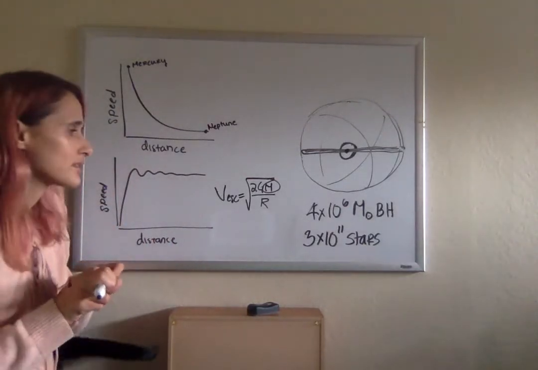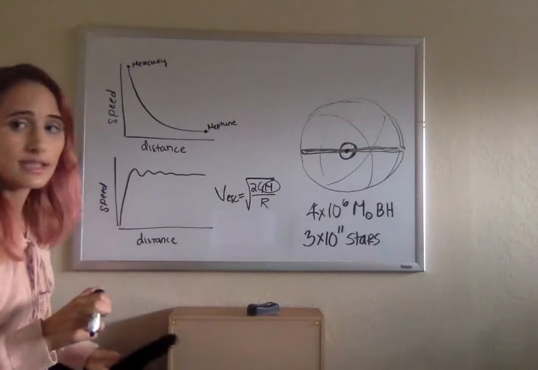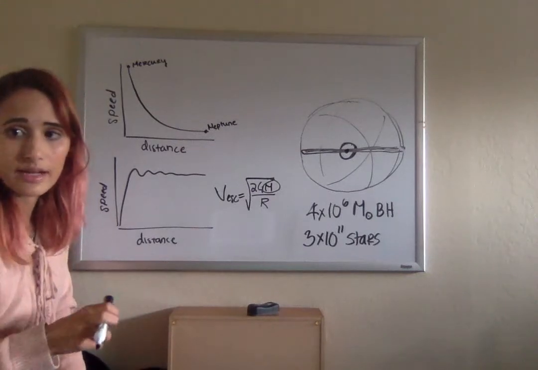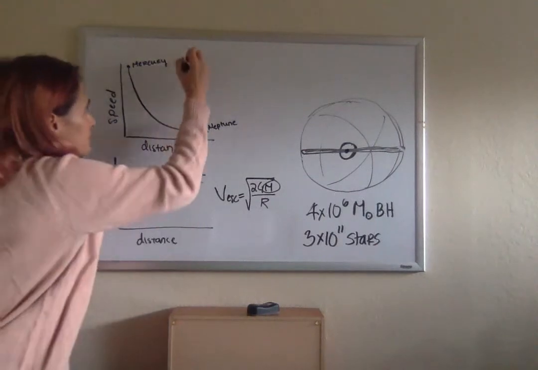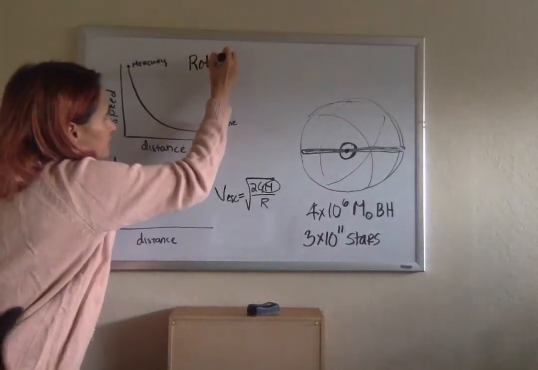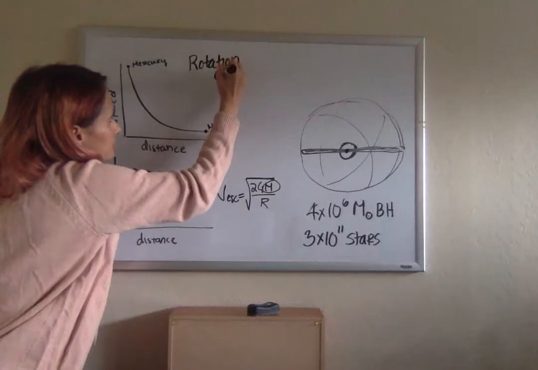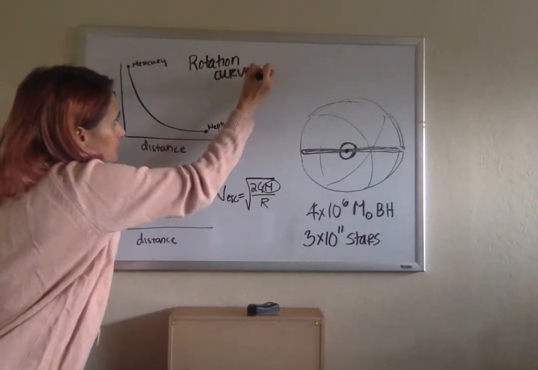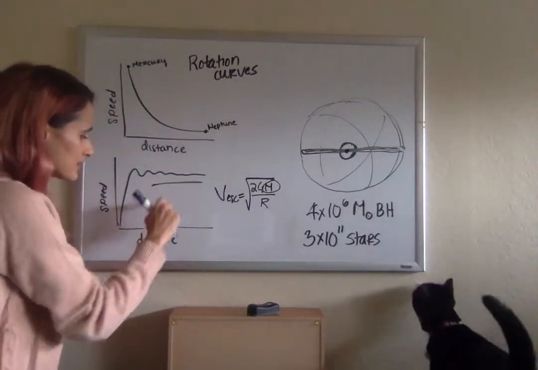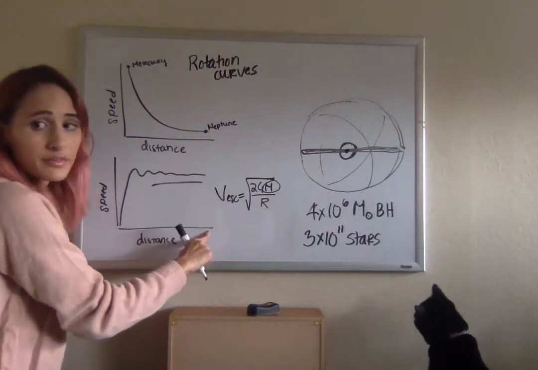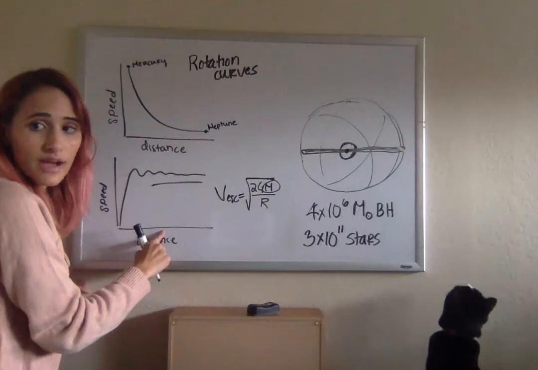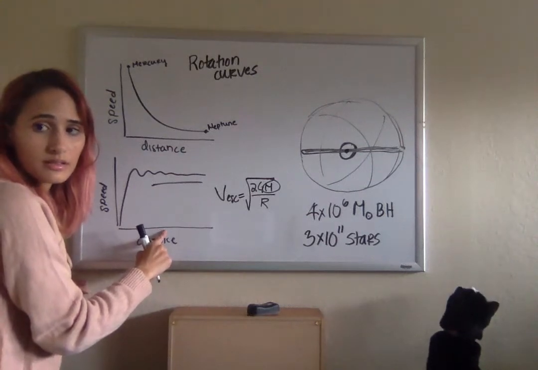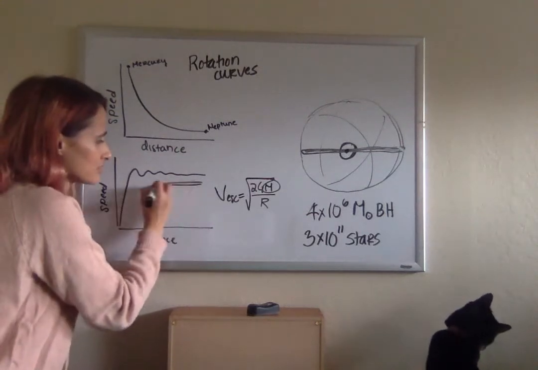Okay? So that's how we know that there is a dark matter component to our galaxy, because of this flat rotation curve, and these are called rotation curves. It tells us that stars far away from the center are going just as fast as stars close by. This is a flat curve.